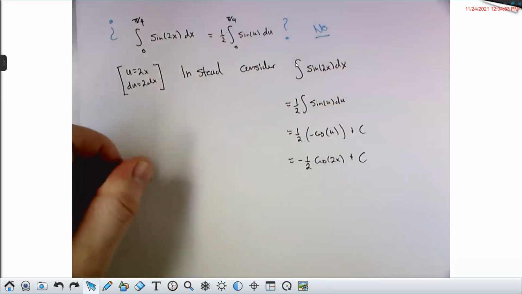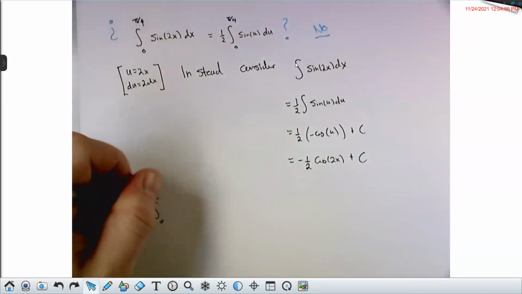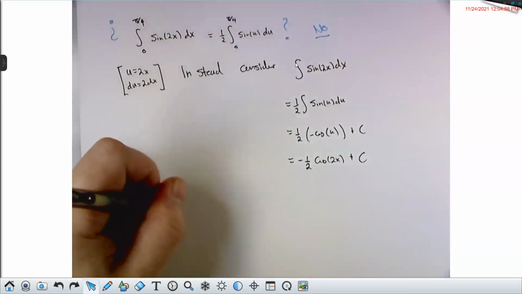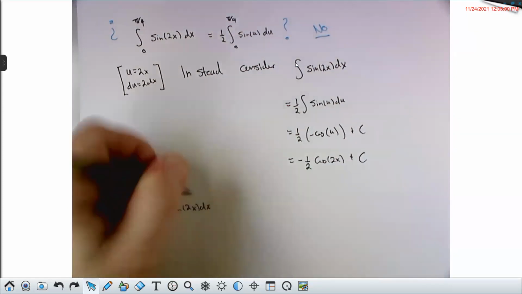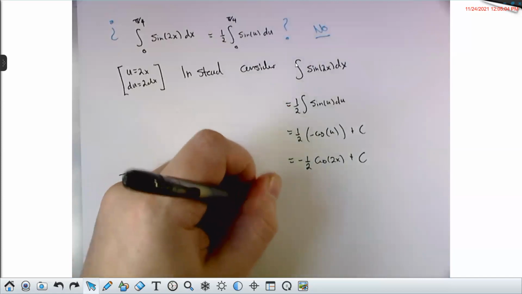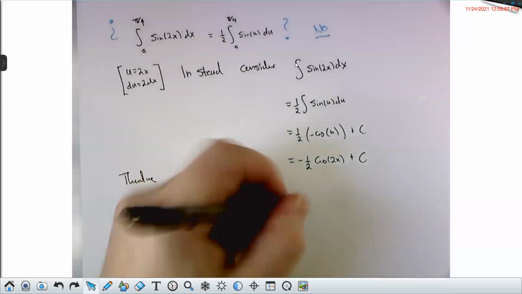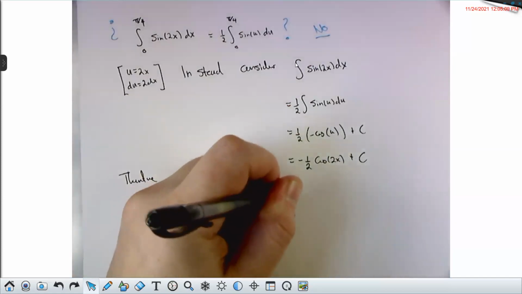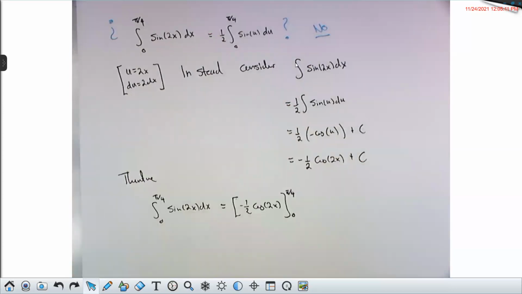Therefore, integral 0 to pi over 4 sine 2x dx is equal to negative 1/2 cos 2x evaluated between those original bounds. And from here, you will get the correct answer.